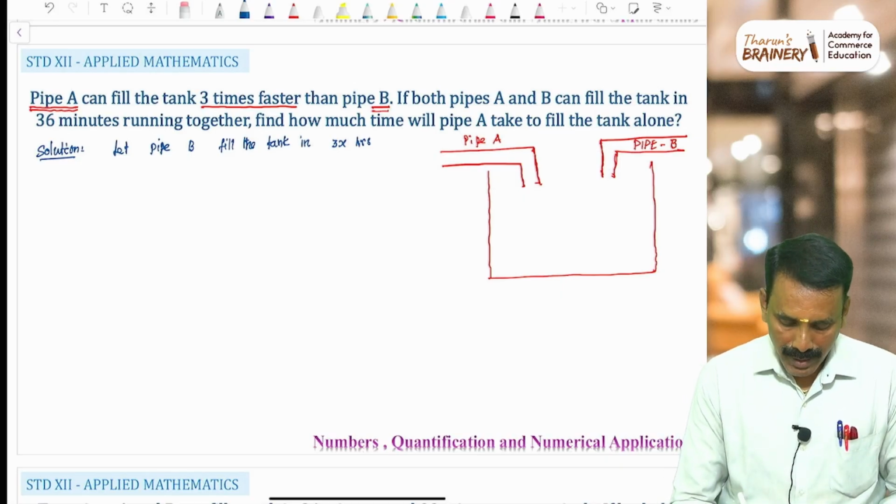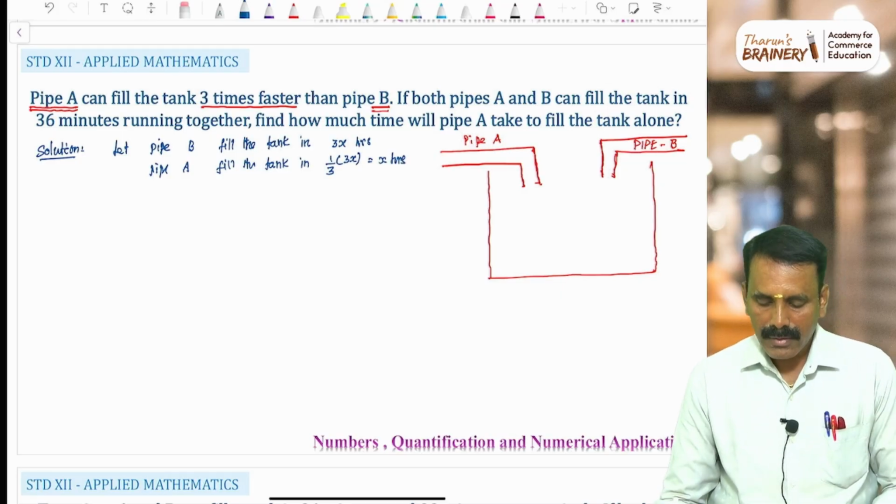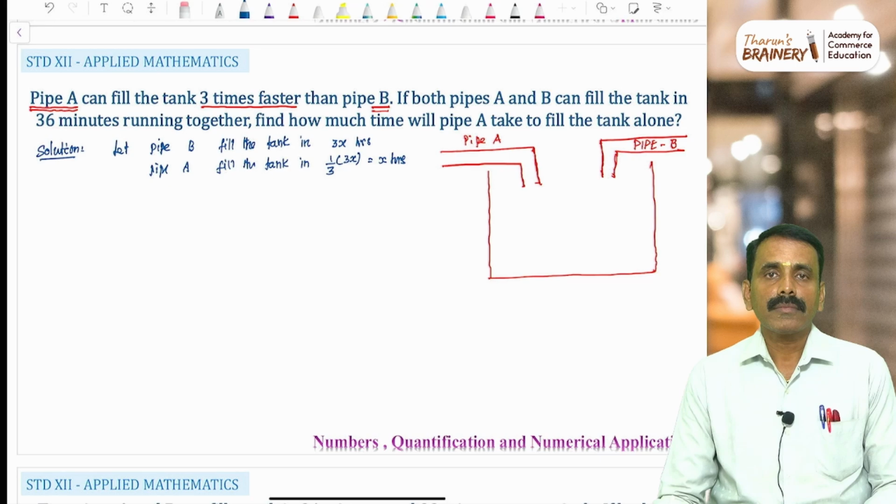Because for pipe A, the time will be 1/3 of the time taken by pipe B. It will be x hours. Is it clear?